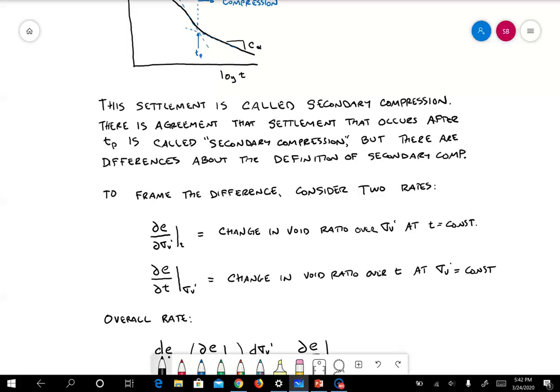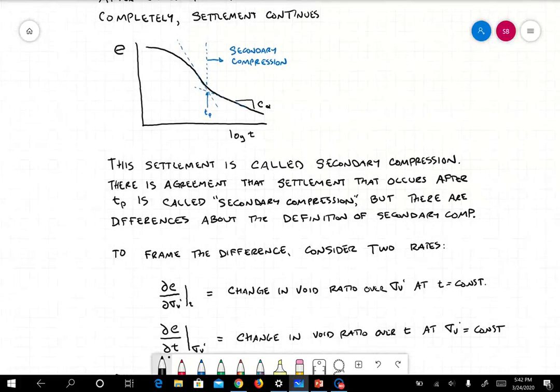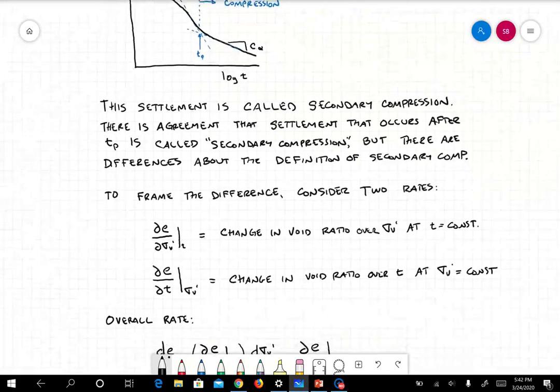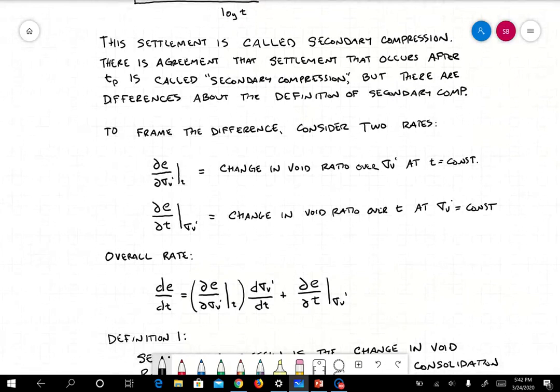Okay, the other rate is the partial derivative of void ratio with respect to time at a constant effective stress. So that's what's happening here, right? When we reach the secondary compression region, the void ratio is continuing to decrease, but the effective stress is staying constant. Now, the overall rate of void ratio change involves contributions from both of these components.